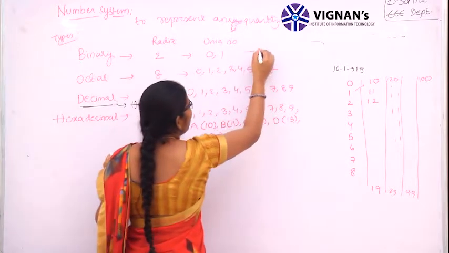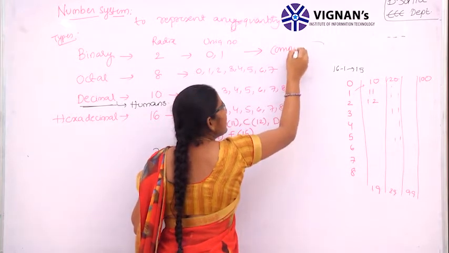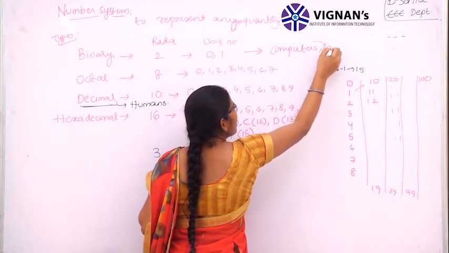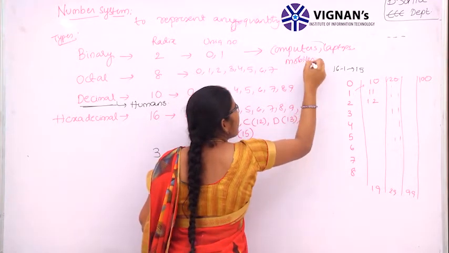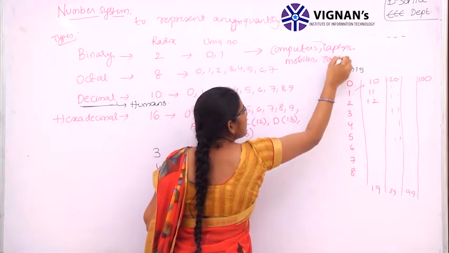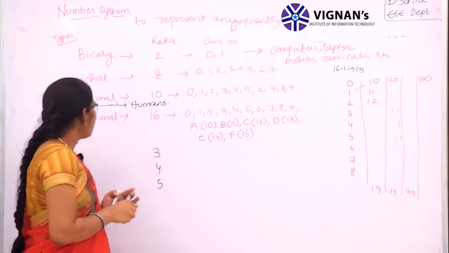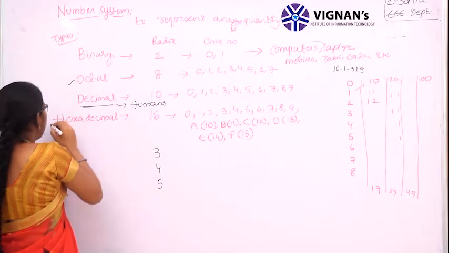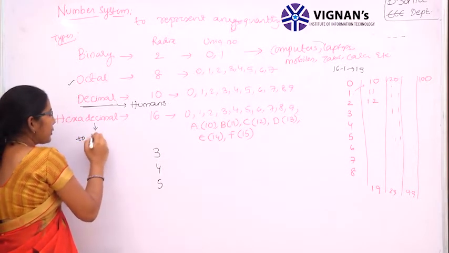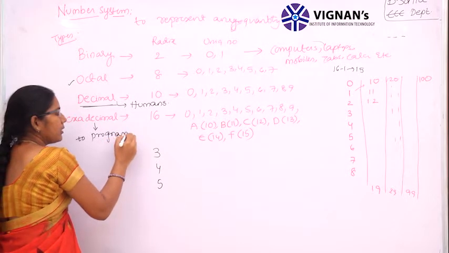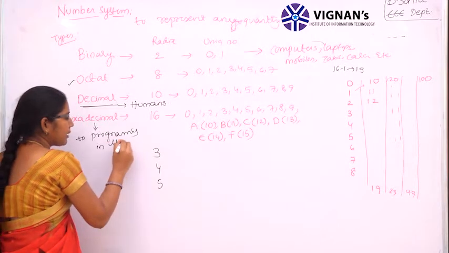And the binary number system is used in computers, laptops, mobiles, tabs, calculators, etc. And the octal and hexadecimal number systems are used to write programs in microcontrollers or microprocessors.